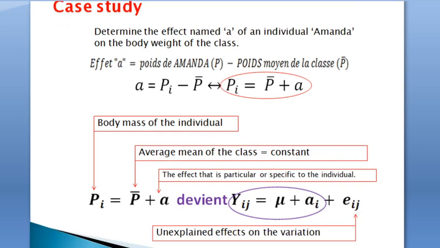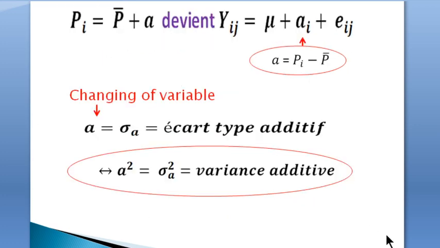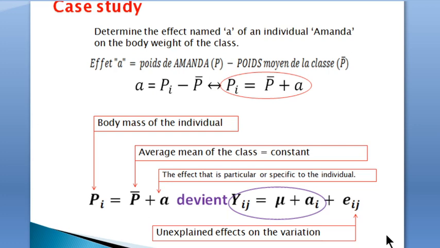Now I want you to understand that eig here represents unexpected effects. That is, after we have considered the effect of the individual, if there is still any other variation, that variation cannot be explained and is most of the time attributed to either non-permanent or permanent environmental conditions.